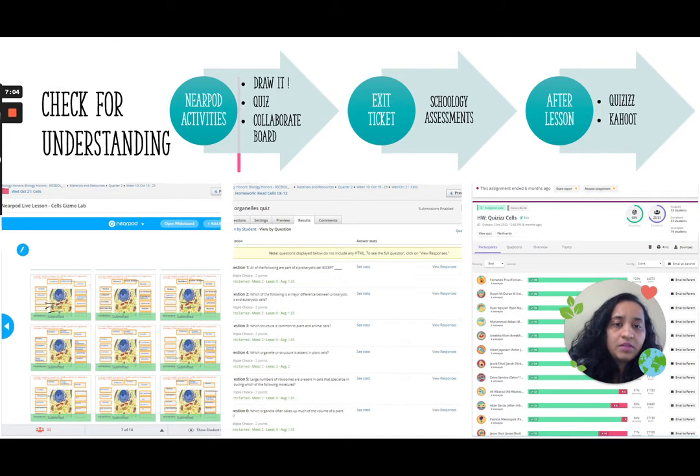The second example is Schoology assessments. I generally use a lot of exit tickets made on Schoology using either multiple choice questions or labeling a diagram or match the following activities. And the last check for understanding you see is after the lessons.